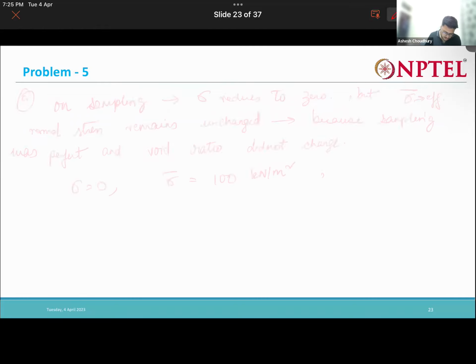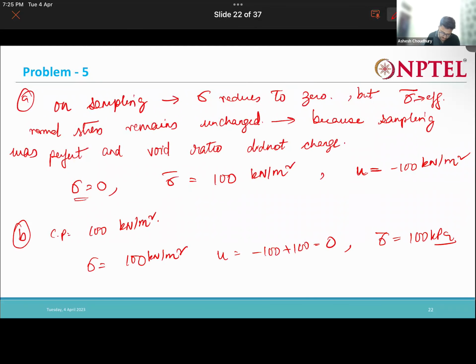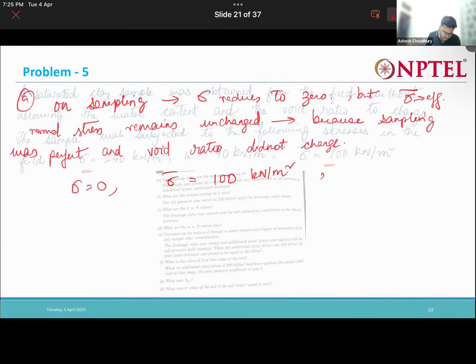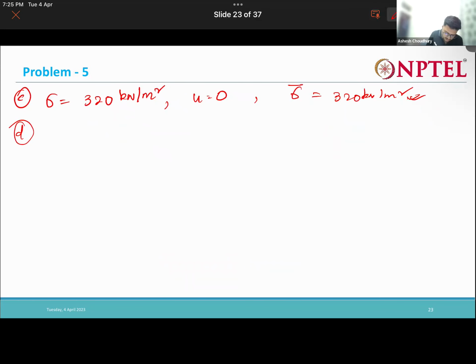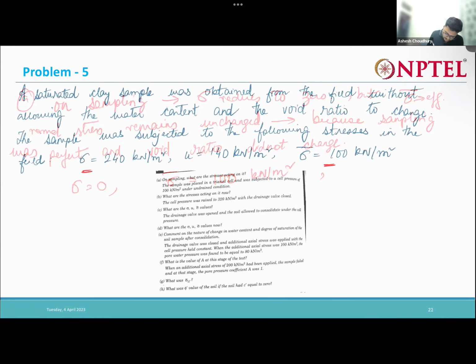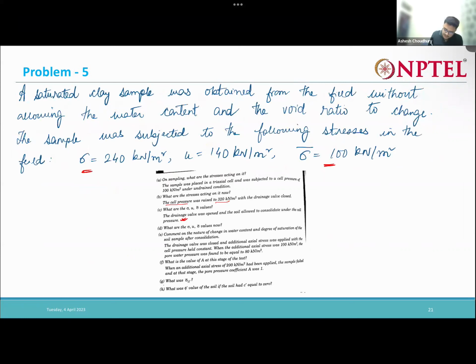Just a second, what was the value before this? This will be, I think, 320. I made some mistake here. Before this, the cell pressure was raised to 320 with the drainage valve closed. So it is undrained condition, right?